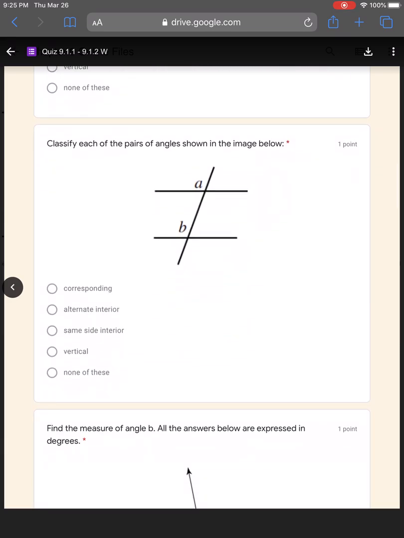Okay. Next question, classify each of the pairs of angles shown in the image below. So we have angle A and angle B. Would these be corresponding, alternate interior, same side interior, vertical, or none of these?